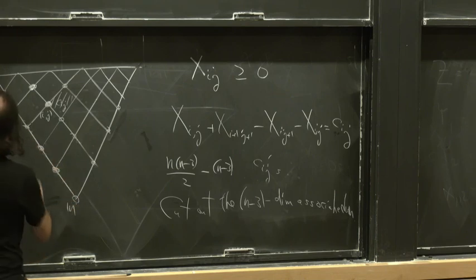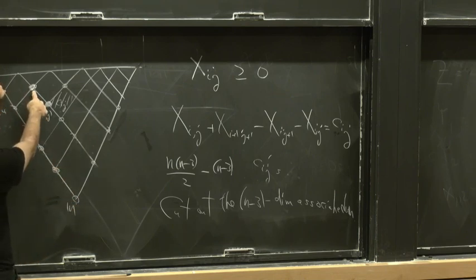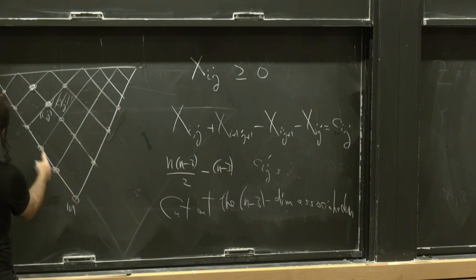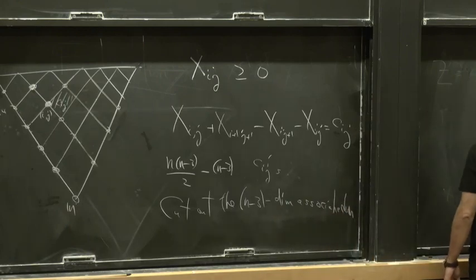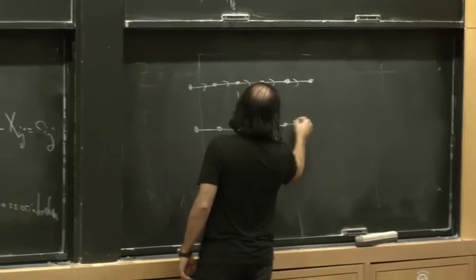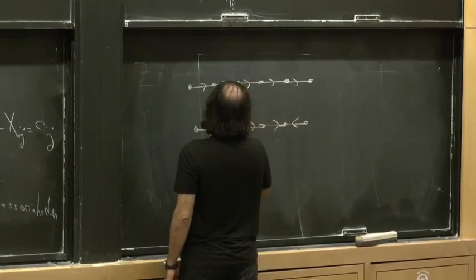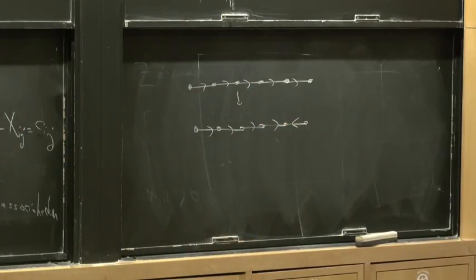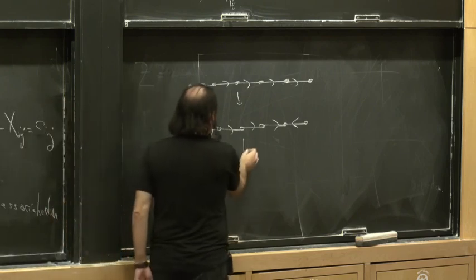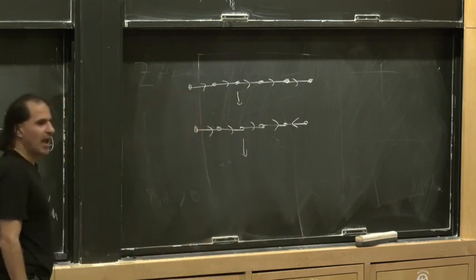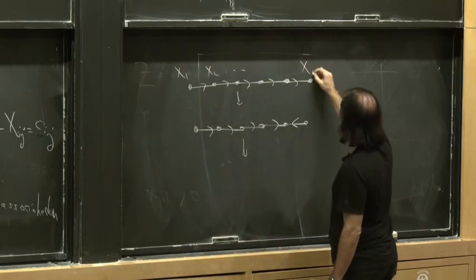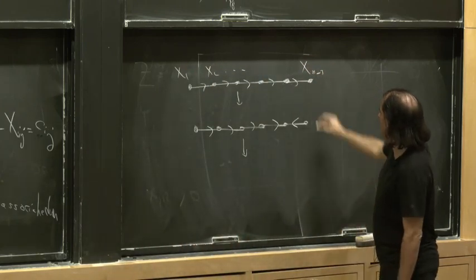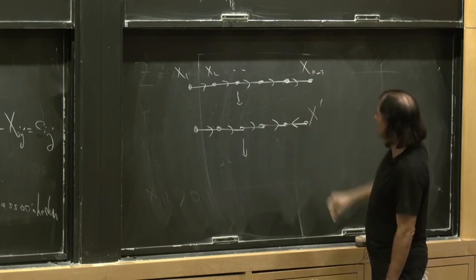But at the next step in the time evolution, you see I can solve for this variable, given everything that I had here. I can solve for this variable first next. And so this now looks exactly the same, except at the end, I'm flipping to go the other way. So at the next step, we're going to have a quiver that looks exactly the same, but at the end, that arrow will be reversed. Okay, and so on. So we're going to have a picture of time evolution. We'll start with a bunch of variables, x1, x2, and so on up to x_{n-3}, and we're going to have some new variable here, some x prime.